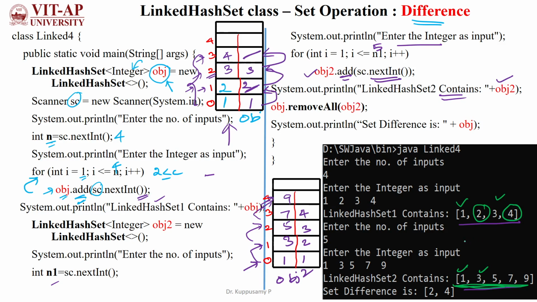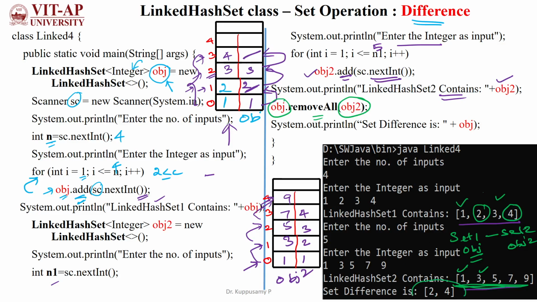That is the difference. So set 1 minus set 2 is the mathematical operation. Here set 1 is given in the form of the obj variable, and set 2 in the form of the obj2 variable. Now we are applying the removeAll operation, so whichever elements are available in the second set will be removed, and whichever are not available will remain.